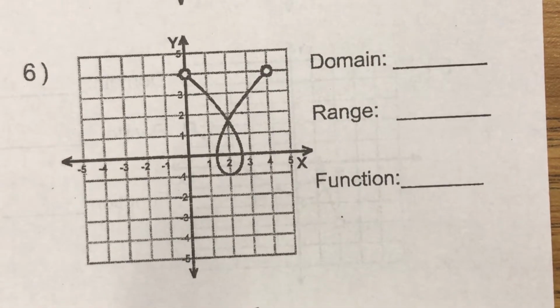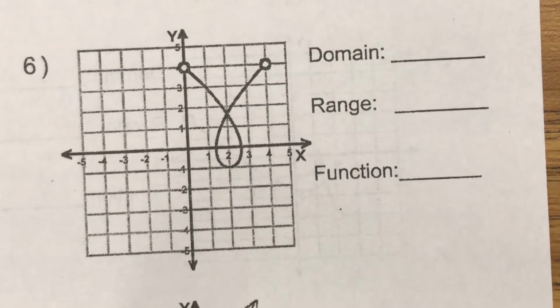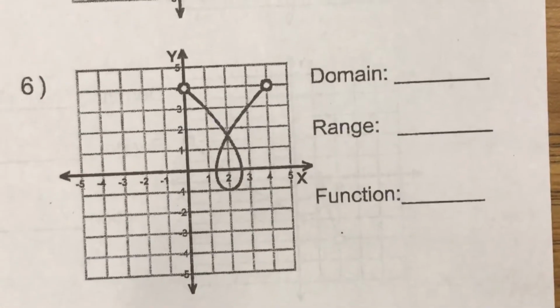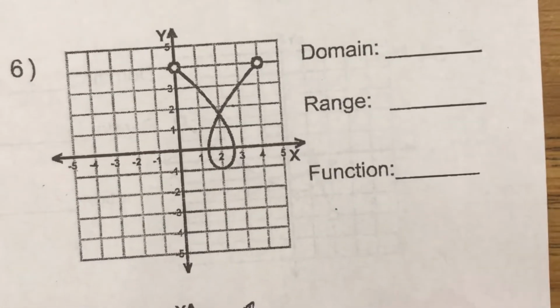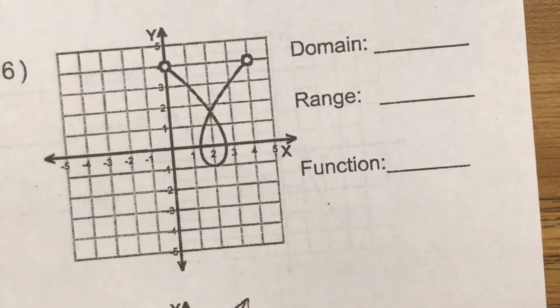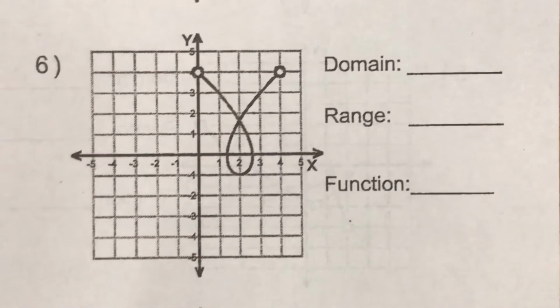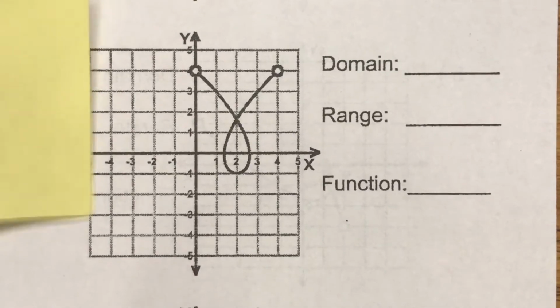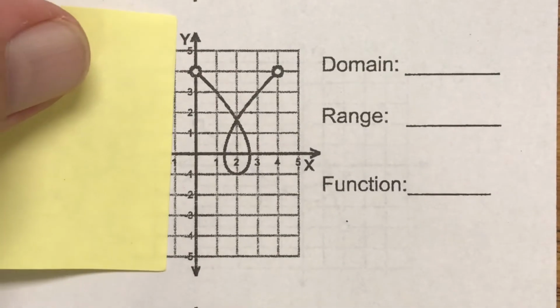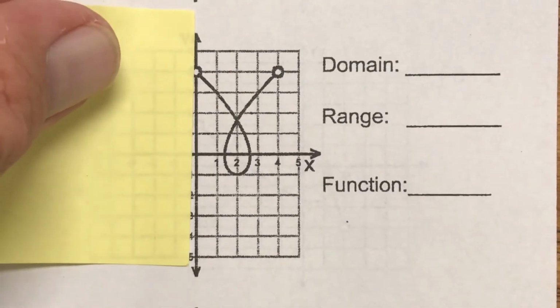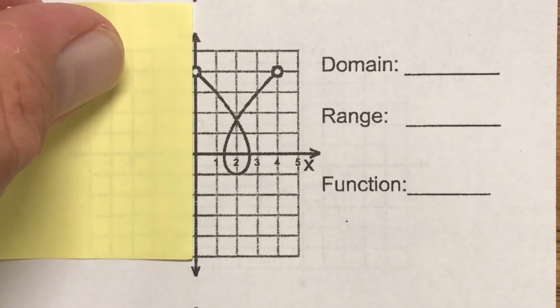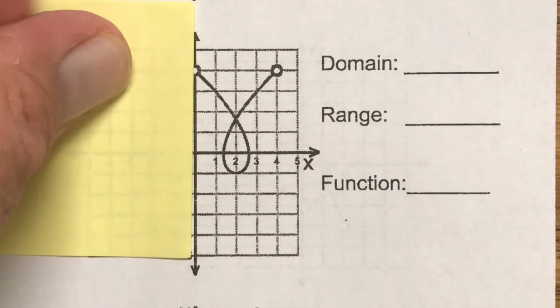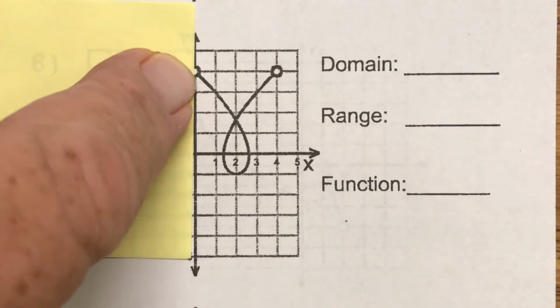So I can take a sticky note or a note card or really anything that has a straight edge on it, and we can see that coming from the left, if I keep going and going and going, this is the furthest point to the left of the graph. You can see that it's touching right here.